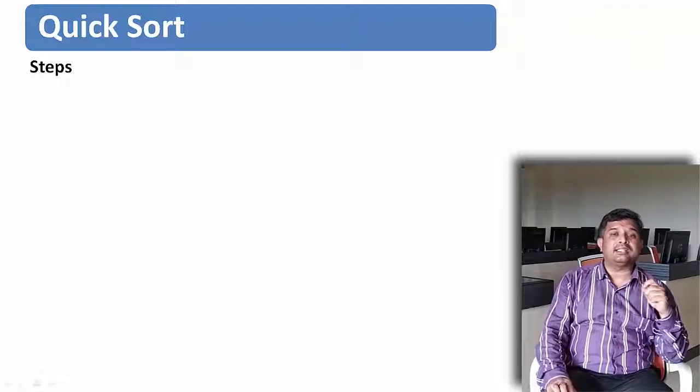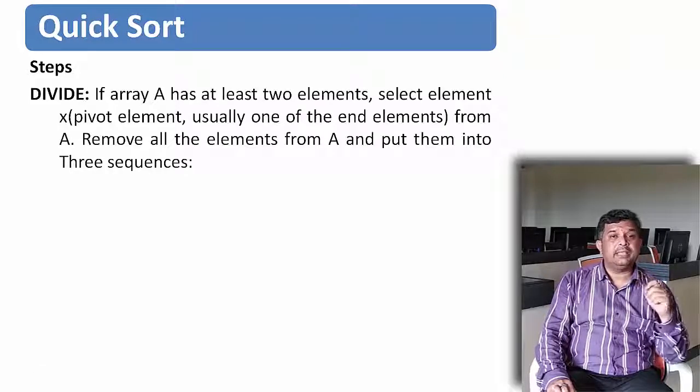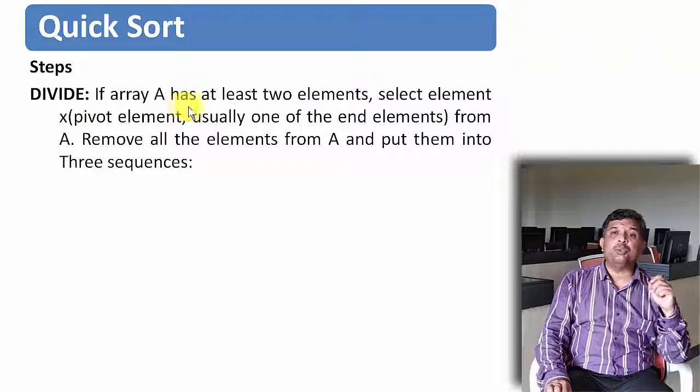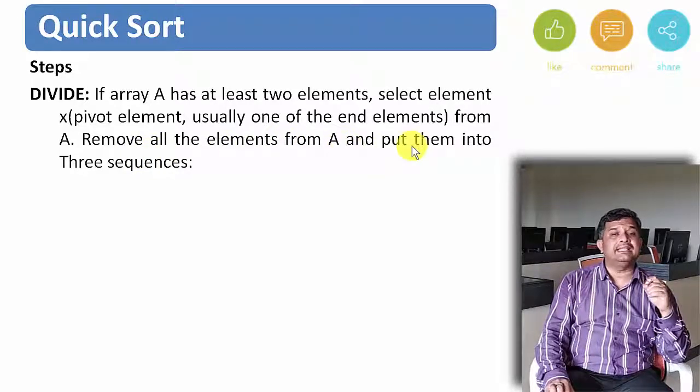So let us see what steps we are going to use while implementing quicksort using divide and conquer. The first thing is dividing. If an array A has at least 2 elements, select an element X as the pivot element. Usually we take the one at the end of the list, remove all the elements of A and put them into 3 sequences.